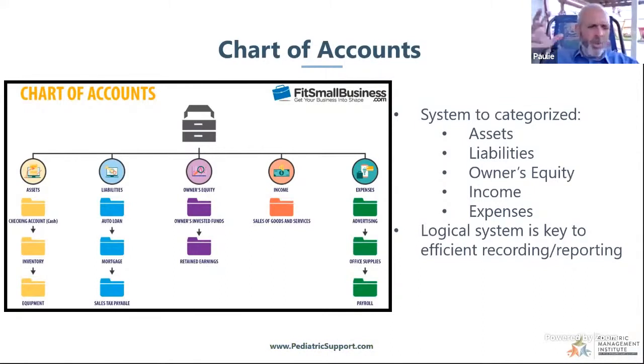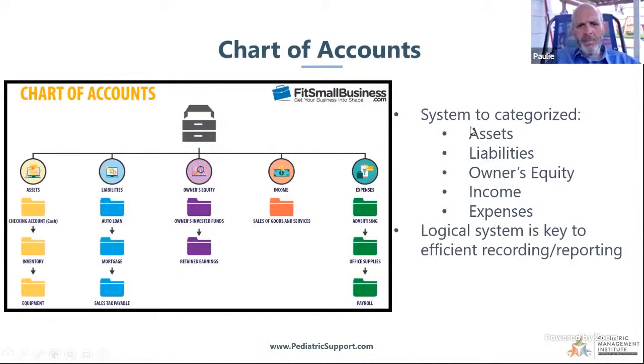Those pretty much don't change for any type of business that has to pay bills, whether they're taking in money, and hopefully you're taking in more than you're shipping out. But it is a very logical system, and it makes it really easy to keep track and record.